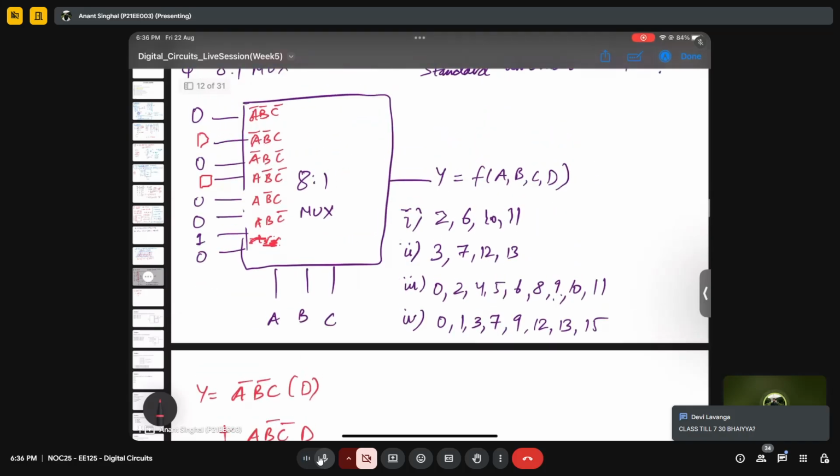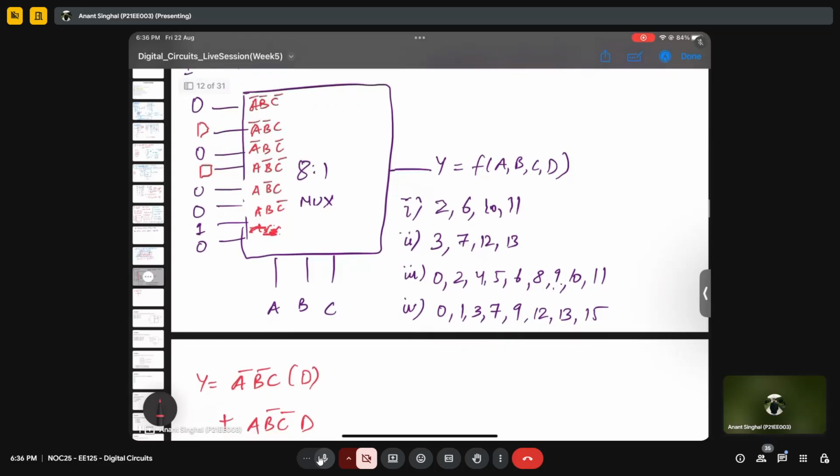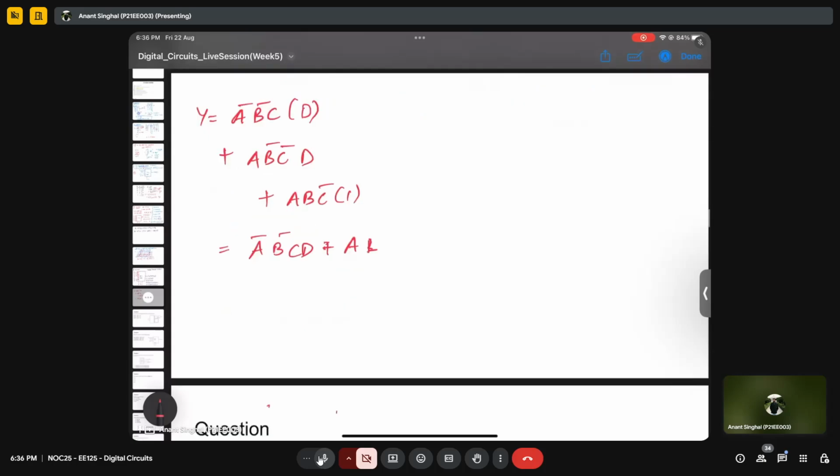Then I have a 1 at A, B, C bar. So that basically means A bar, B bar, C, D plus A.